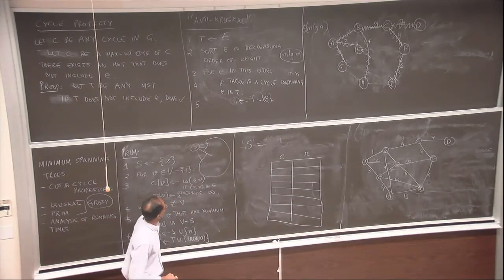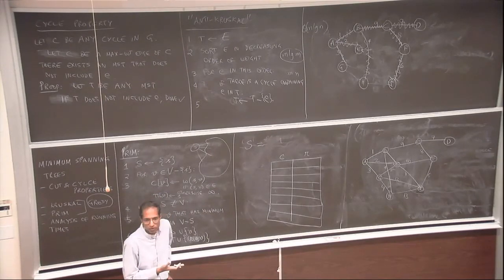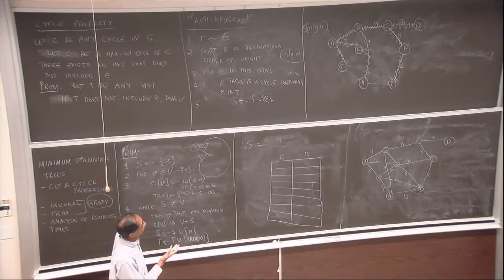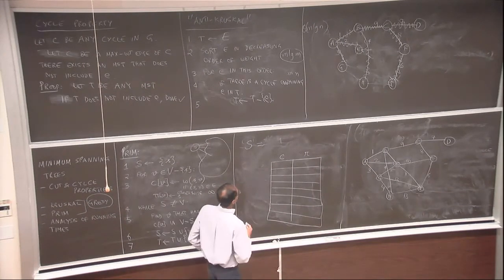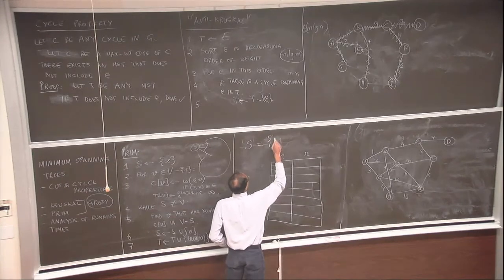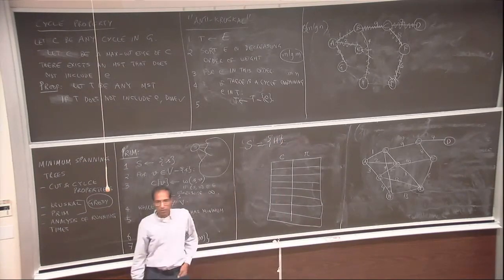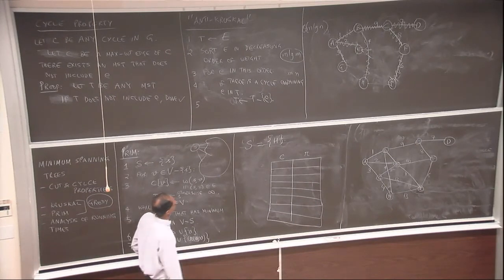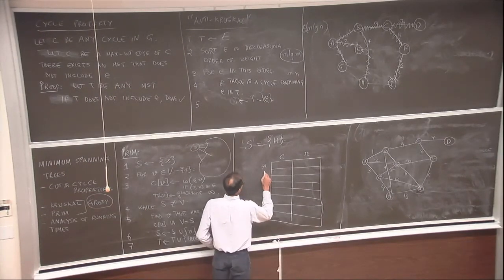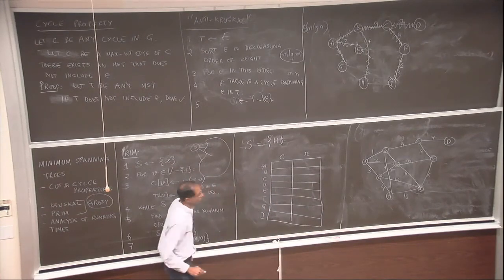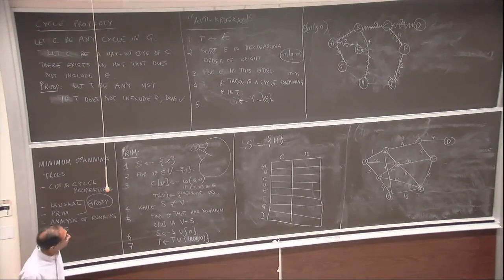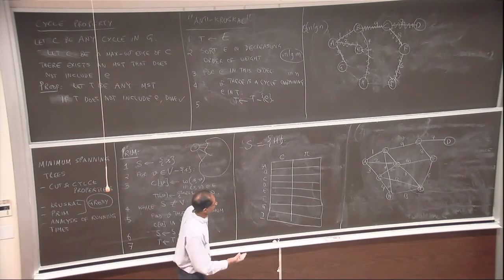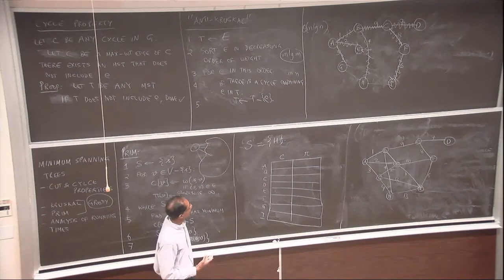Okay. So what source should we start from? We can start from any source, let's say H. So S is H. All the others will be A, B, C, D, E, F, G, I. So we will start with S. For every other vertex, we will assign a cost and a parent.